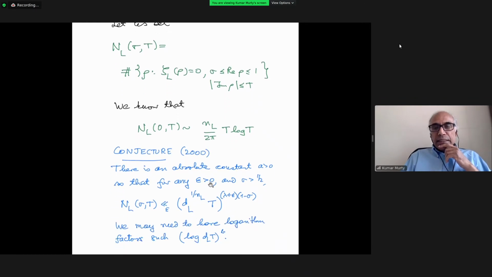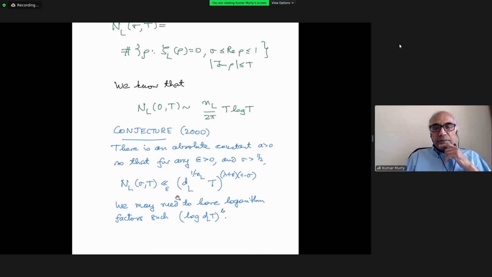So here's the conjecture I made in the same paper as the previous conjecture, namely that there's a zero density estimate of this kind: the root discriminant times T to the power lambda times (1 minus sigma), for some constant lambda. And I'm not sure, but maybe you need to stick in a logarithmic term also, just to be on the safe side.